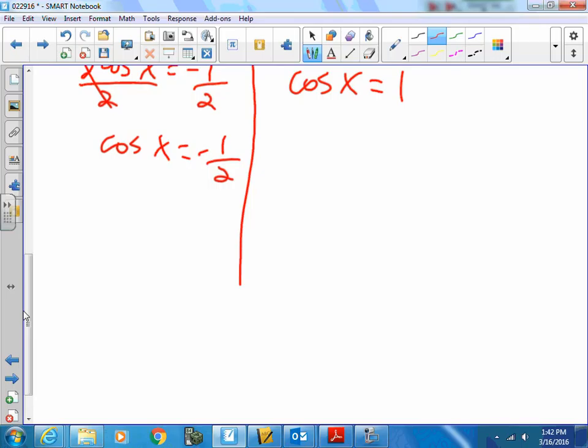Think to yourself, the cosine of what angle gives you 1/2? Well, I'm going to pull out my unit circle just to make sure. You should have your unit circle available. Now, you might know it in your head, but I might as well make sure with a unit circle, if I have it. Don't see it right now.